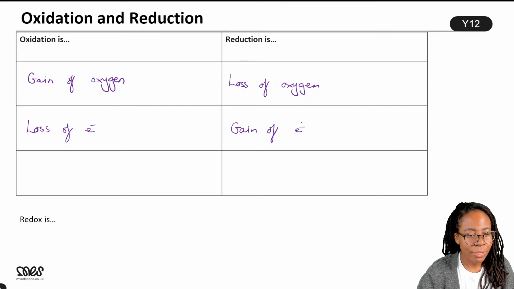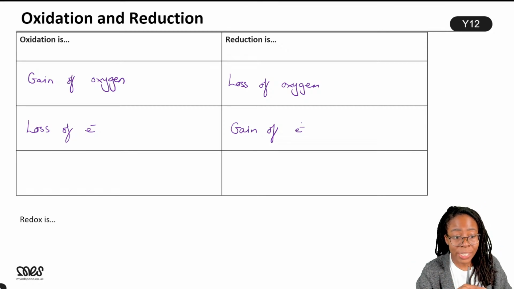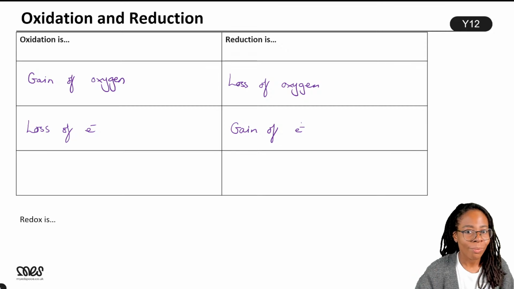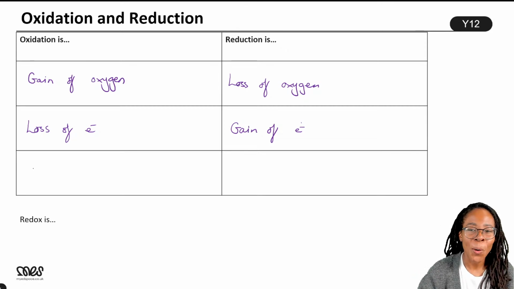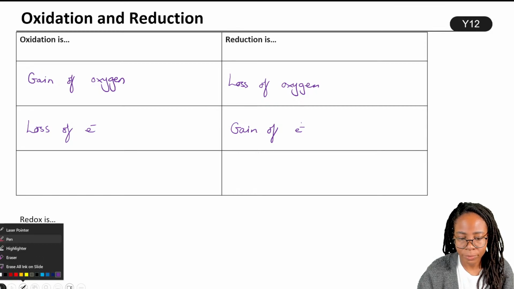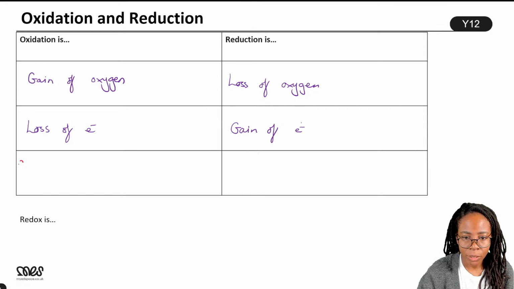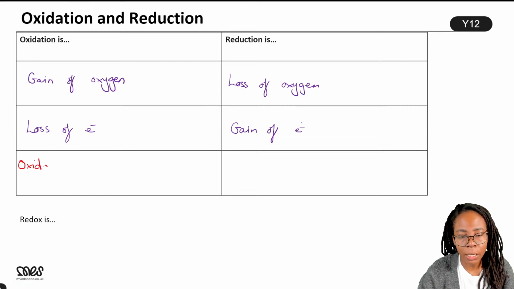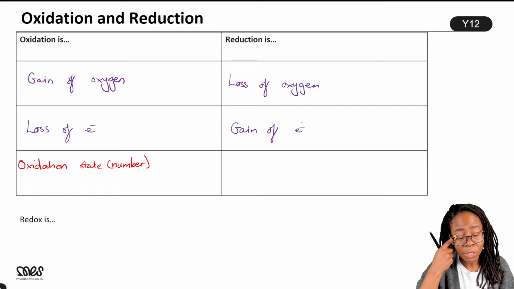There's another one that links directly to, this is A level, yes, Sabiha. There's another one that links directly to our oxidation states. What might happen to an oxidation state during oxidation? Oxidation state or oxidation number. Yeah, absolutely, Sabiha.